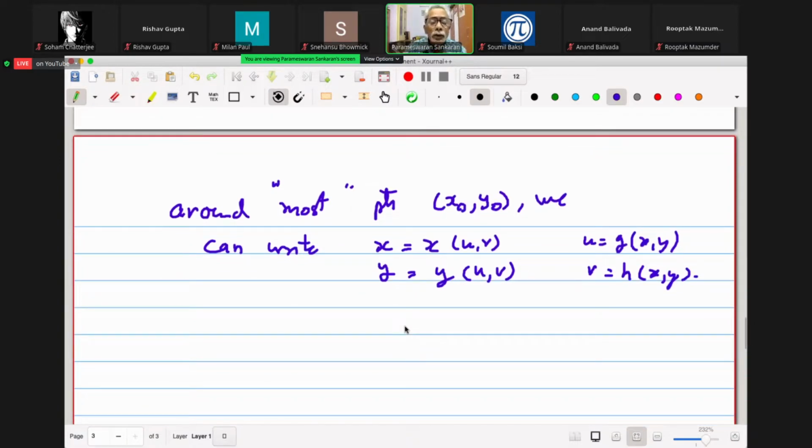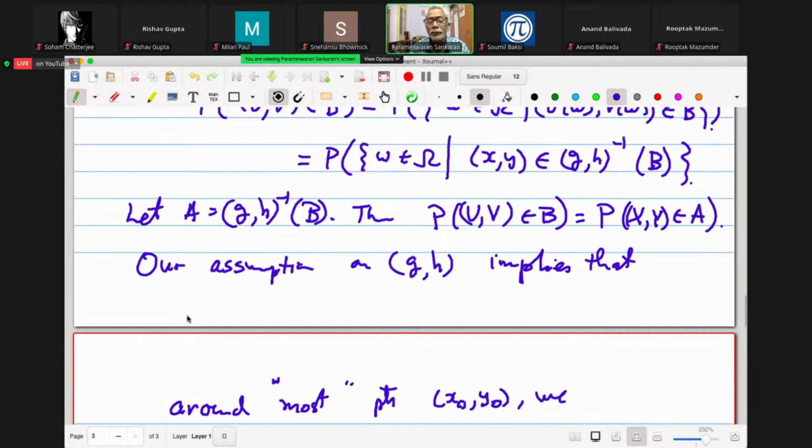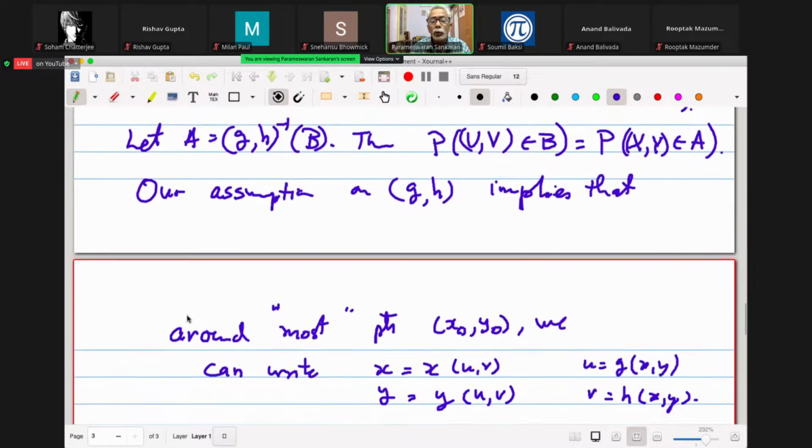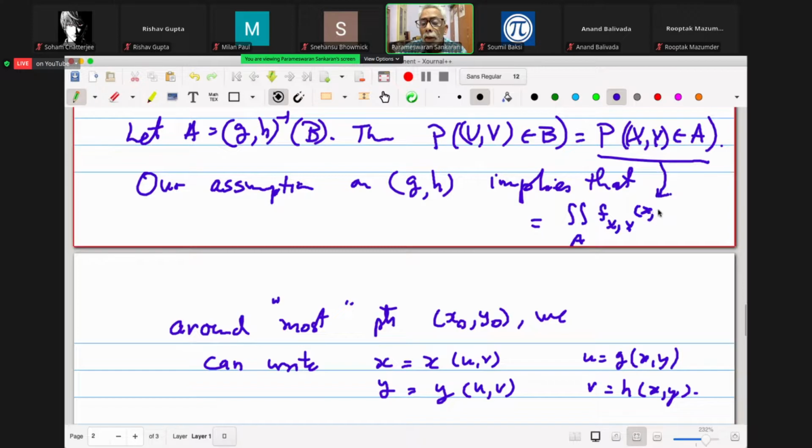So now we can write this expression in terms of u and v. Having written this, you can rewrite it as the integral over A of f_{XY}(x, y) dx dy.